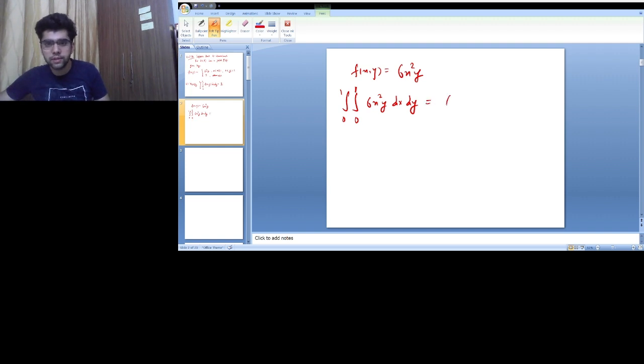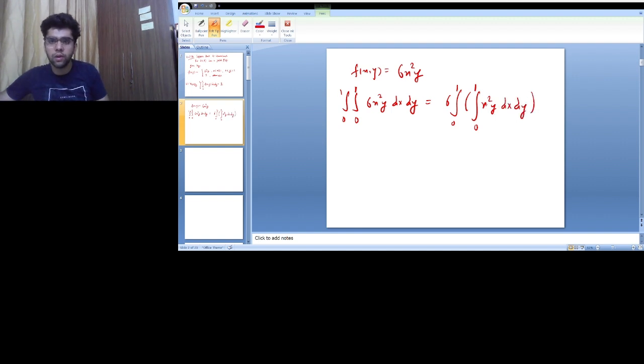So I am just taking 6 out because it's a constant term, right? And in this inside integral, I will treat y as a constant, because dy is written after dx. So let me just show you guys. I'll just draw a bracket. This is the integral from 0 to 1 of x²y dx dy, right?